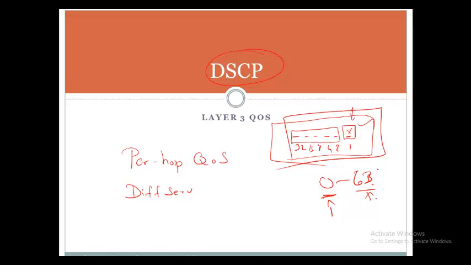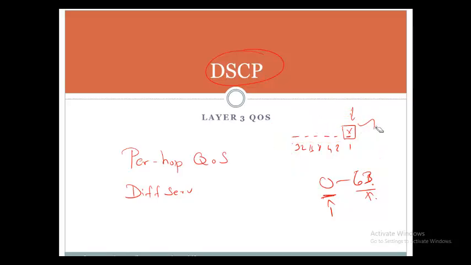But when you're going with the DSCP's default AF and EF, assured forwarding and expedited forwarding, you will see they don't use that particular last bit. And they use it like this: these 3 separate, 1, 2, 4, and these 2 separate, 1 and 2.